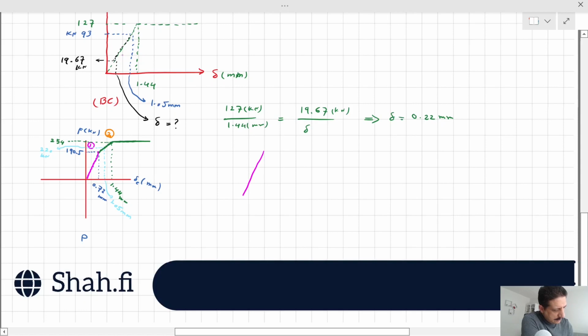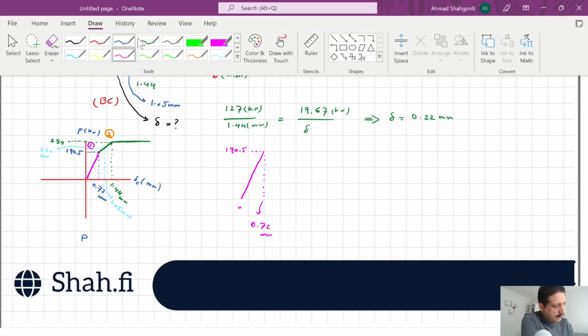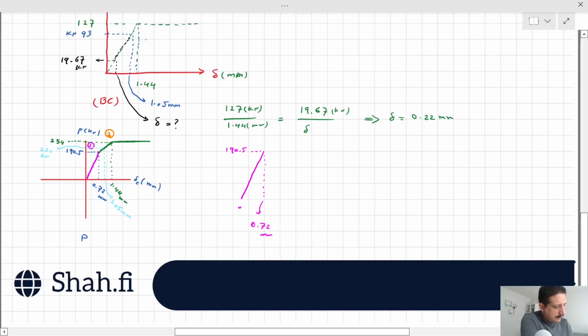So here is the main line from 0 to 190.5, and the corresponding deformation here was 0.72 millimeter. After that, it was something like, it should be exactly twice.